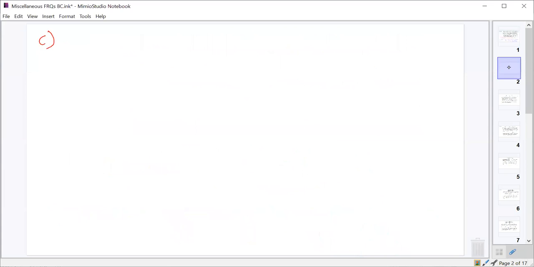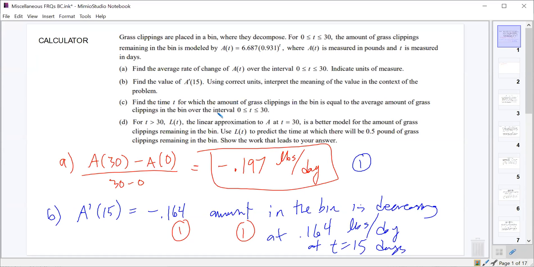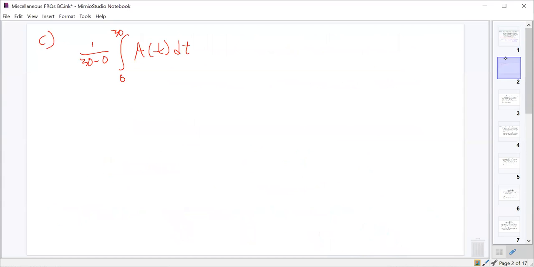So that ought to be 1 over 30 minus 0 times the integral from 0 to 30 of our A of t dt function. And we want to know when that is equal to the actual amount in the bin, so equal to the function A of t. And we're just solving this for t.